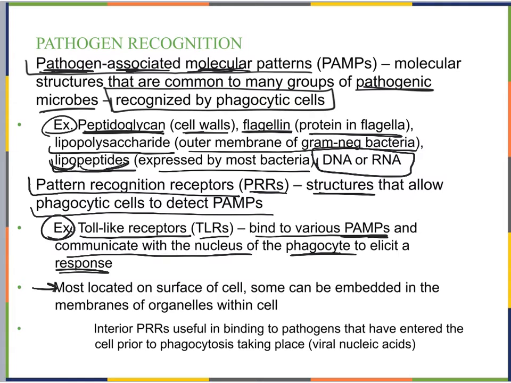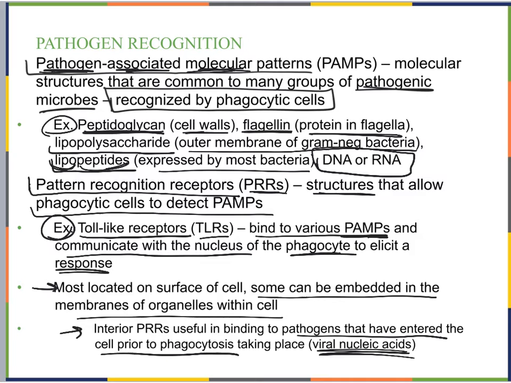Most of these PRRs, these recognition receptors, are located on the surface of our cells. But some can be embedded in the membranes of organelles within the cell. This is important for pathogens that have entered the cell prior to phagocytosis taking place, for example viruses.